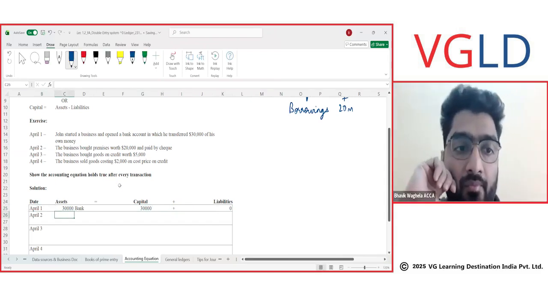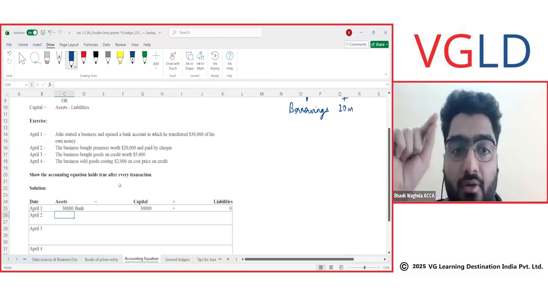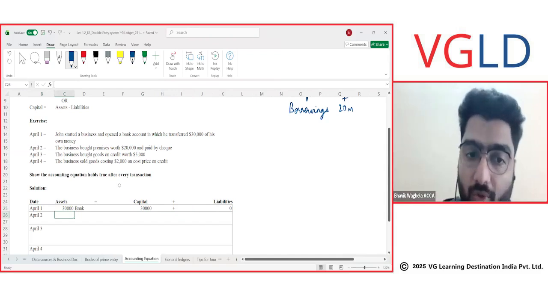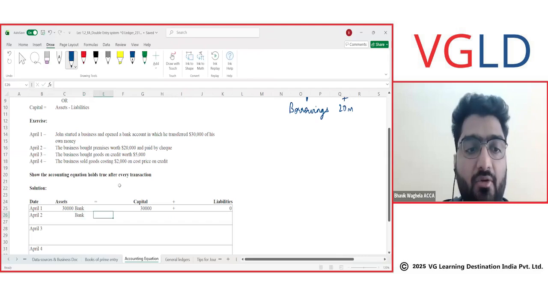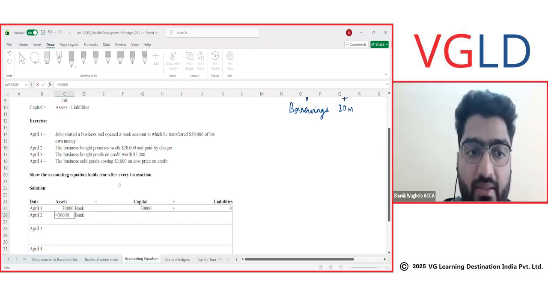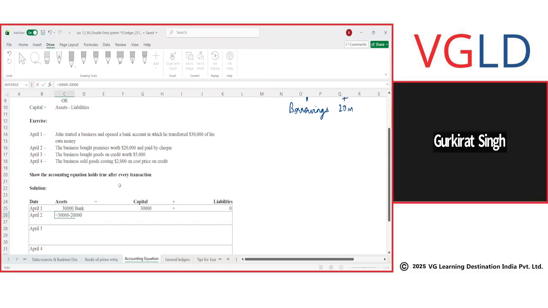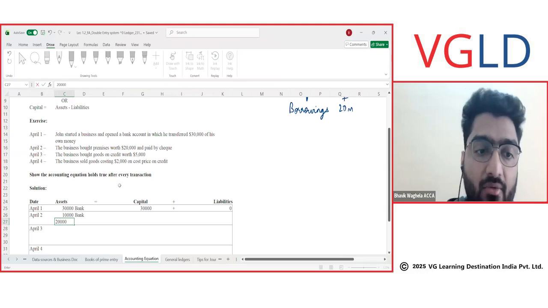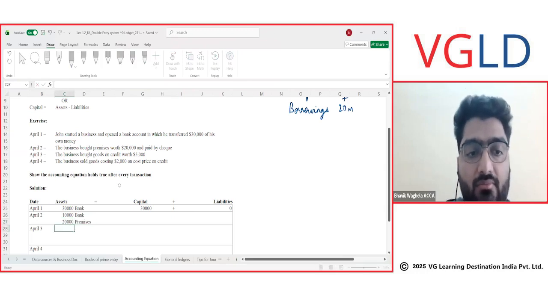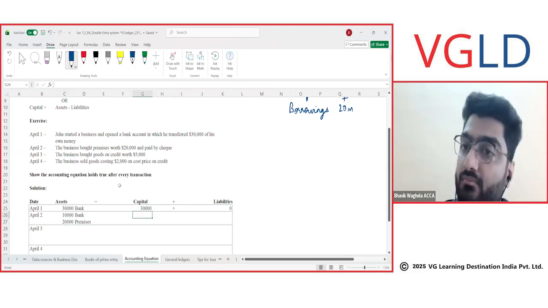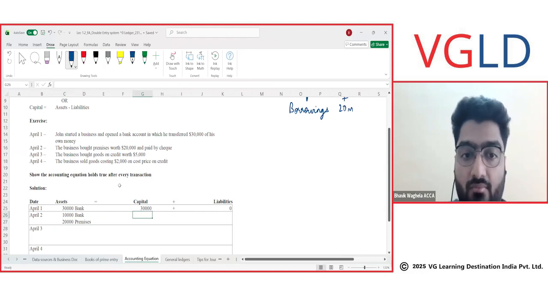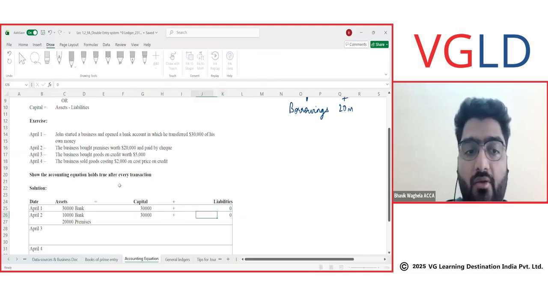Now, April 2, the business bought premises worth 20,000 and paid by check. So what will happen? Can I say bank balance will reduce by 20,000? Yes, sir. But now in my assets, I will have 20,000 worth of premises. Yes or no?